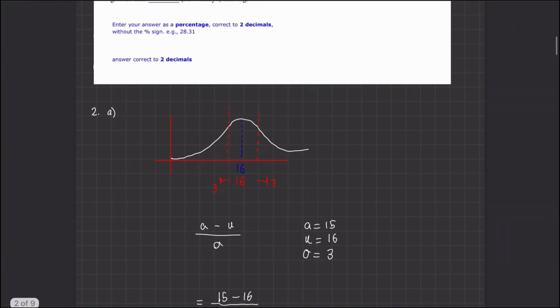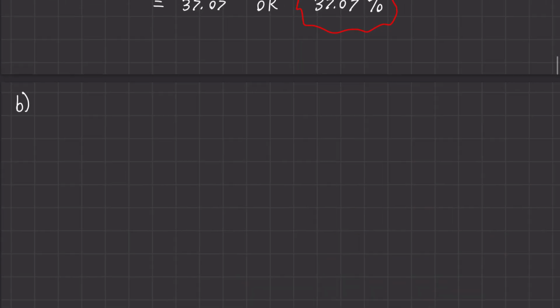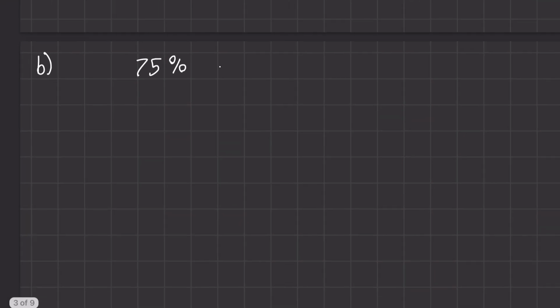Now, the second part of the question. Approximately 75% of adults in the general population have an intraocular pressure that is greater than what? So, once again, we can use the normal distribution properties and its applications to find the answer. First we can take 75% and convert that to decimal form, which is just equal to 0.75.